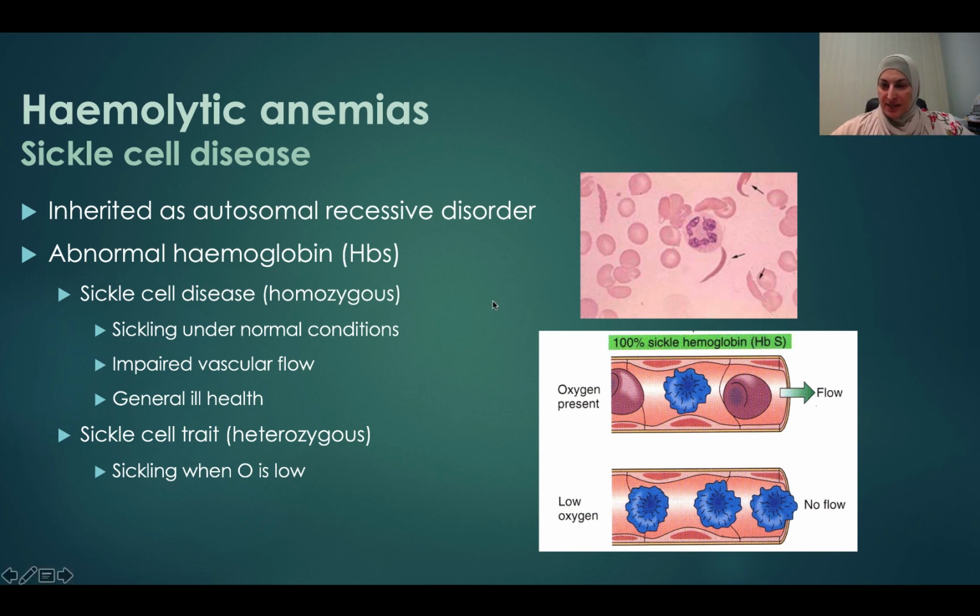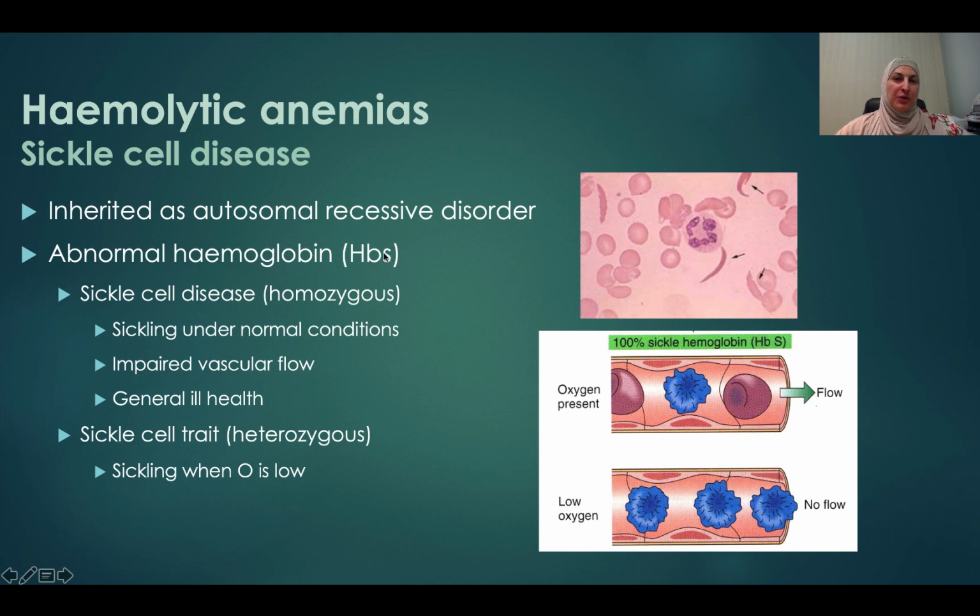This is how the sickle cell looks like when the process of sickling takes place. We'll talk in more detail about sickle cell anemia, which is an autosomal recessive disorder, so the patient can be a carrier of one defective gene.